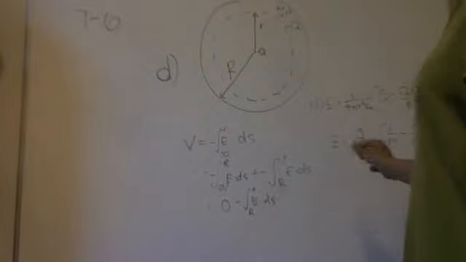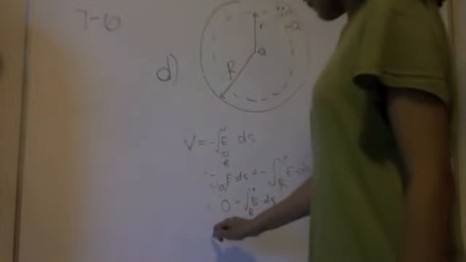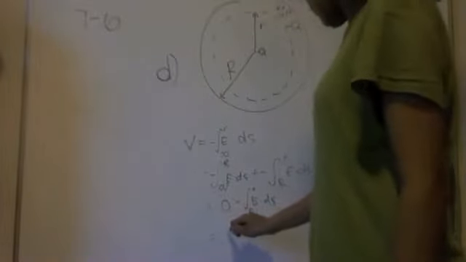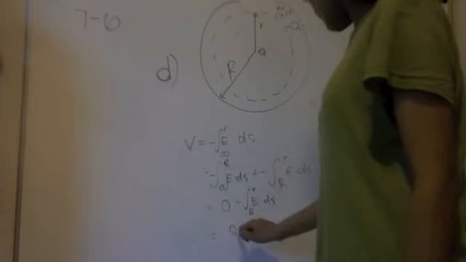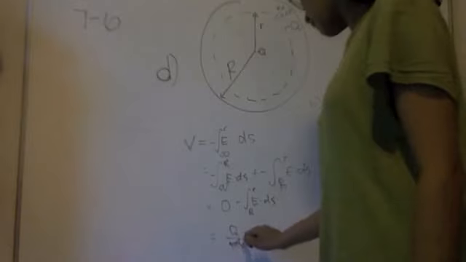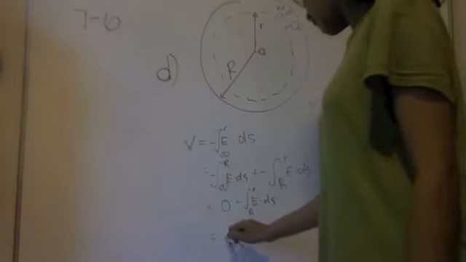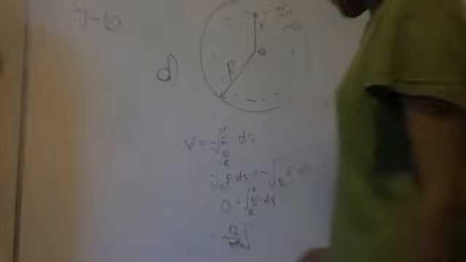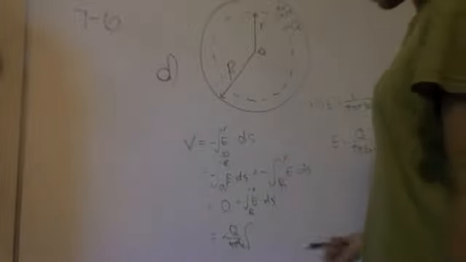Since you can use this in this equation, this is going to be Q, since this is all constant, over 4 pi epsilon naught, and then negative times the integral of E dot ds.